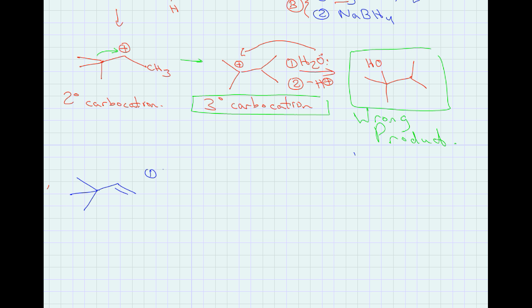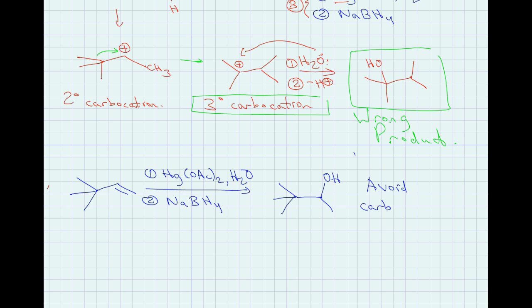If we use mercuric acetate and water, that does our oxymercuration, and demercuration is done by using sodium borohydride. We're going to get that Markovnikov addition. So we're going to get our desired product, but we are going to avoid any kind of carbocation rearrangement.